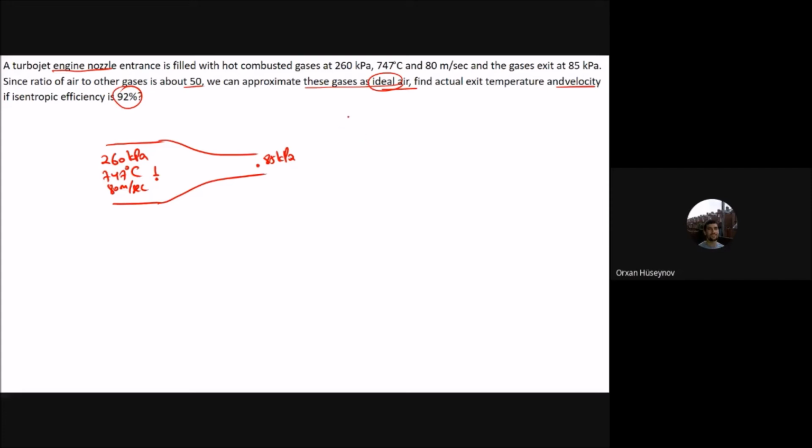If you remember from the isentropic efficiency, first let me write the first law for this one. It will be H1 plus V1 squared by 2 equals H2 plus V2 squared by 2. This one is for the real one. If it is isentropic, it will be H2 isentropic plus V2 isentropic squared by 2.